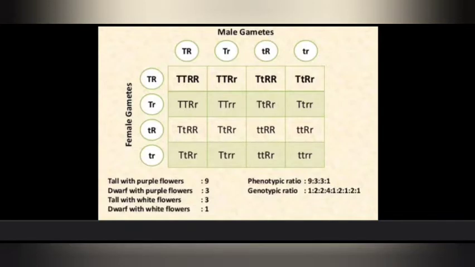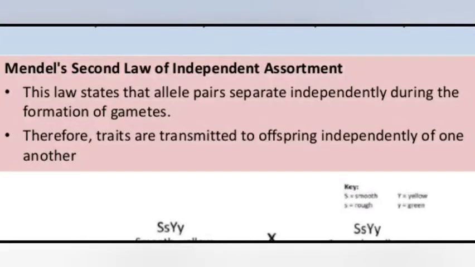So let's now study the statement of the law of independent assortment. The law of independent assortment states that allele pairs separate independently during the formation of gametes. Therefore, traits are transmitted to offsprings independently of one another.